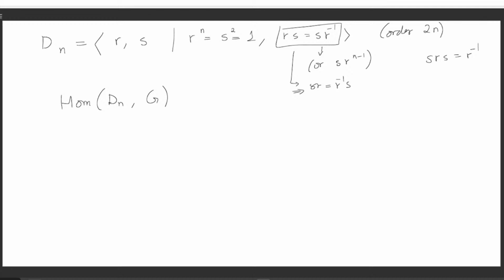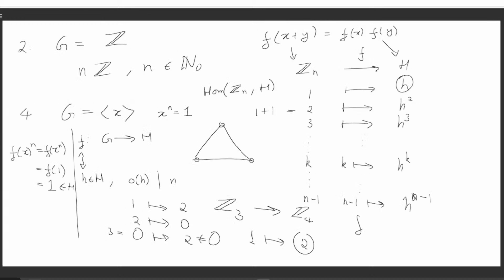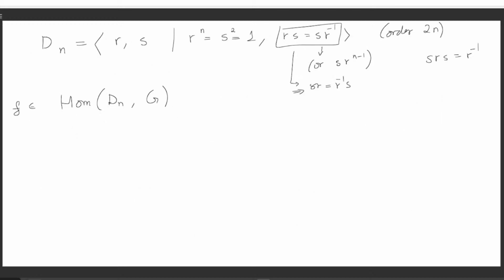if I give you a particular homomorphism f, then again similarly what we did here, right? Here we said that one has to map to something, but once you decide where one maps, then 2 has to map to that element squared only. 1 has to map to some h, 2 has to map to h square, 3 has to map to h cube, and so on. So once you determine where 1 goes, everything else is determined. Similarly, what can you say in this case?